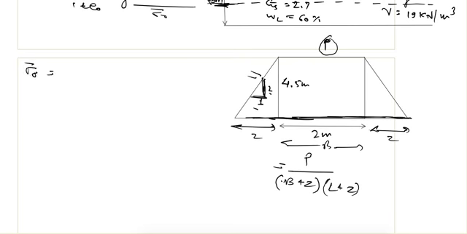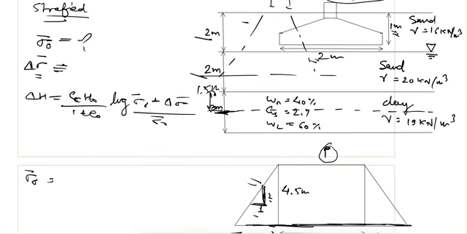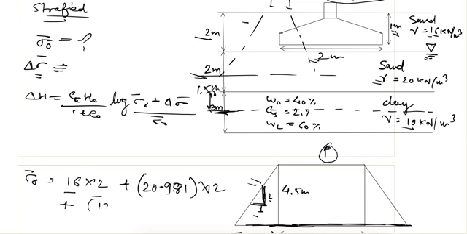sigma naught is equal to, and the water table is given here, so we can write it as 16 into 2, that is the unit weight times depth, plus this part will be in submerged condition, so we can directly write the effective stress as 20 minus 9.81 times 2, that is the depth, plus this is also in submerged condition, so 19 minus 9.81 into 1.5.